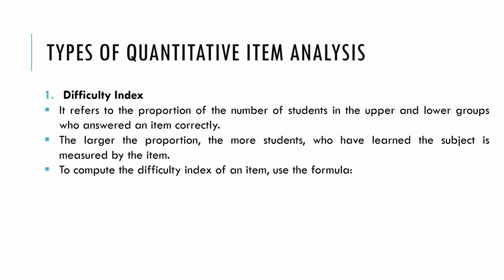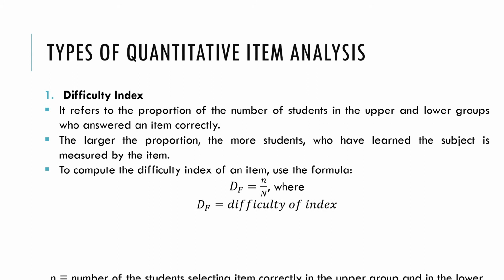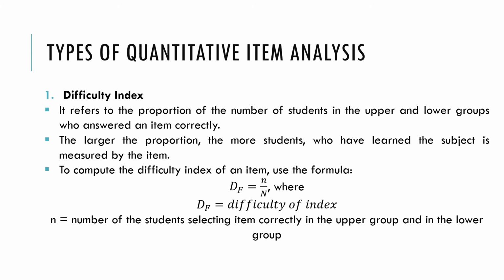So to compute the difficulty index of an item, we have to use the formula D sub F is equal to small letter n divided by capital N, where D sub F is equal to difficulty index. Small letter n here is the number of students selecting the item correctly in the upper group and in the lower group.